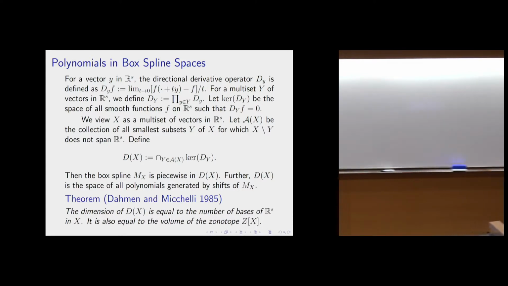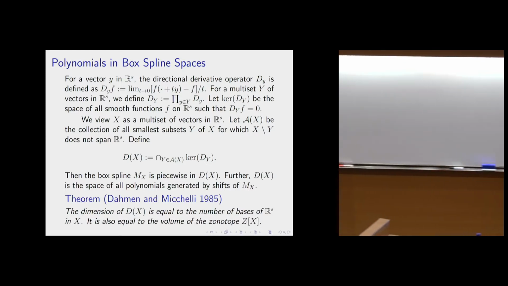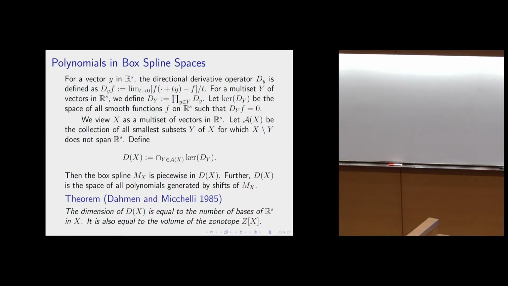So this was already done, I think, before the Diamond and Micheli work. I believe that for the volume of the zonotope, it was known before that.